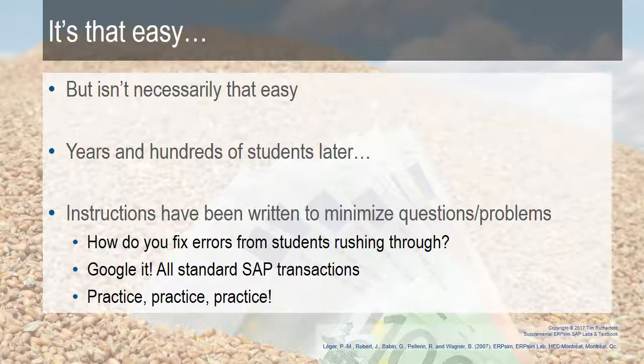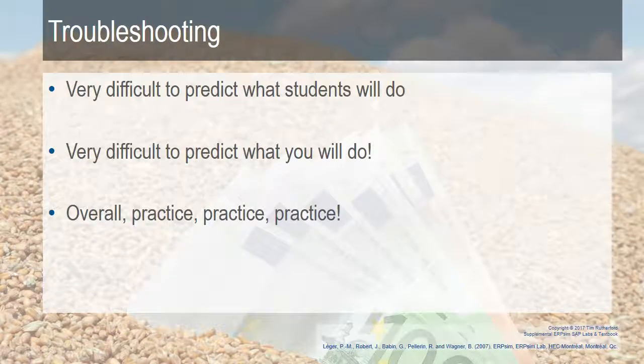I assure you that as you are practicing these labs, there is no way you'll make the same mistakes as students. But if you know what's coming next, if you know what they should be seeing, if you know it really well, you should be able to at least figure out where it probably went wrong. But it's tough. Troubleshooting, it's very difficult to predict what students will do.